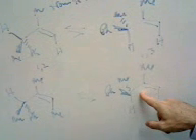Now in this case, this is trying to direct to the back. This is trying to direct to the front. Whether it directs on the front or the back depends on this and that. This is the model we use for 1,2. This is the model we use for 1,3.